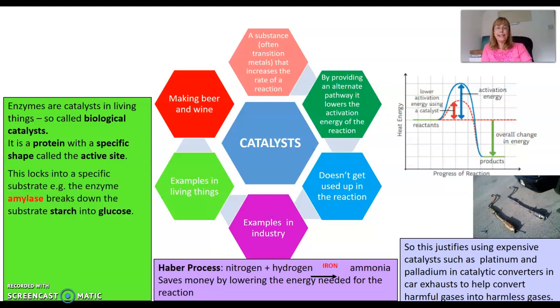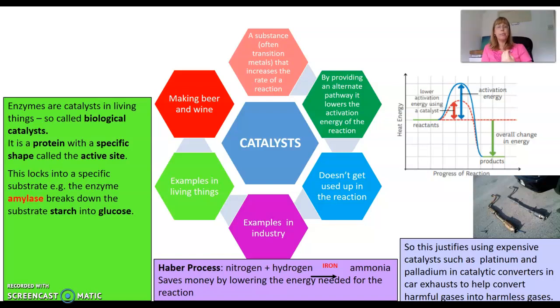So because of that active site, because of that specific shape, they only work with very, very specific substrates. So for example, when I eat bread, which is made out of starch, the enzyme in my saliva known as amylase can only break down starch, and it turns starch into glucose over time.